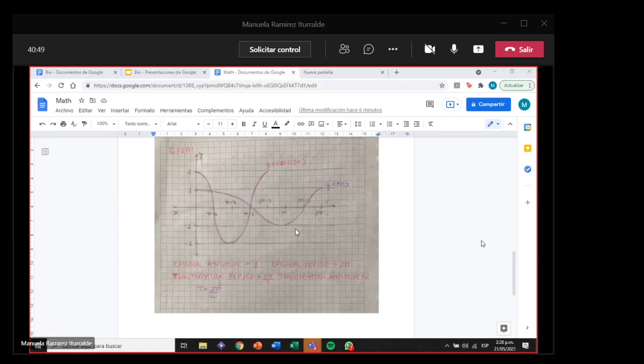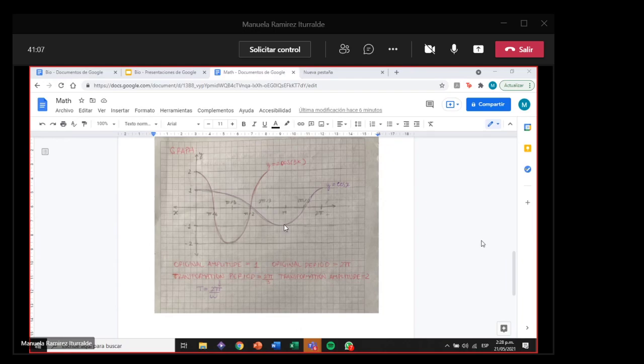To graph it, it starts at 1, then it crosses 0 at exactly pi halves because, as we mentioned, when x is equal to pi half, then y is 0.